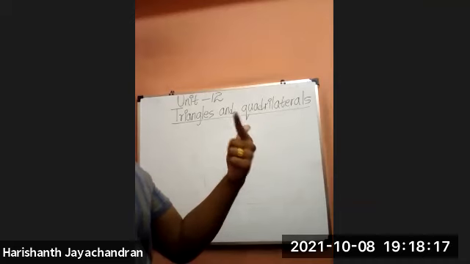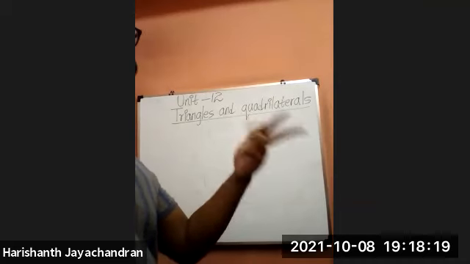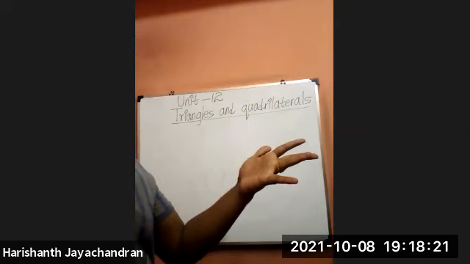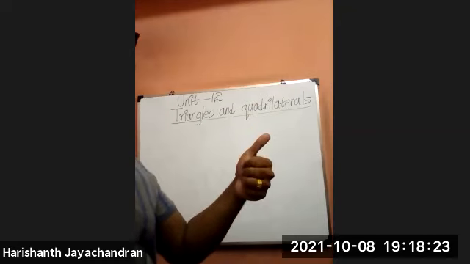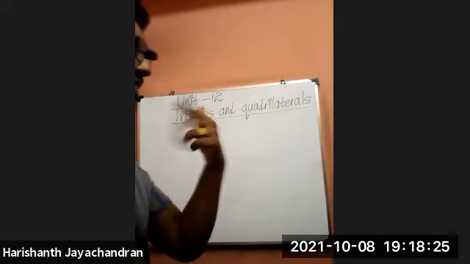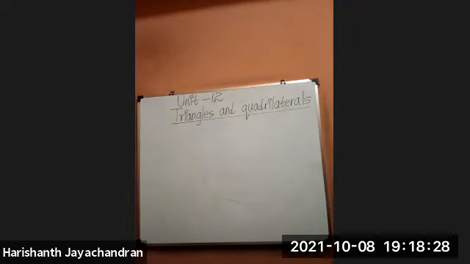I can also go with square, rectangle, trapezium, parallelogram, right? Kite, arrowhead. There are several that I could point out.